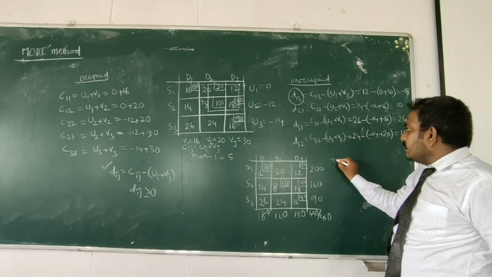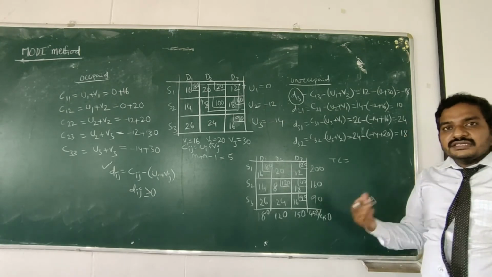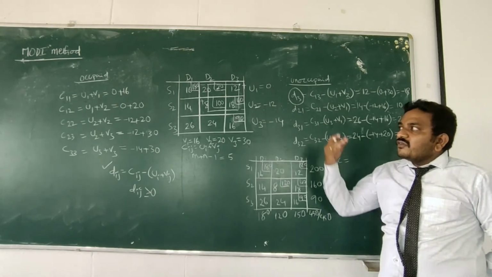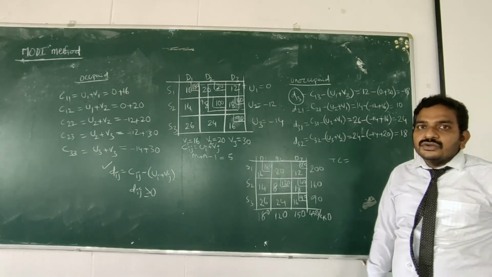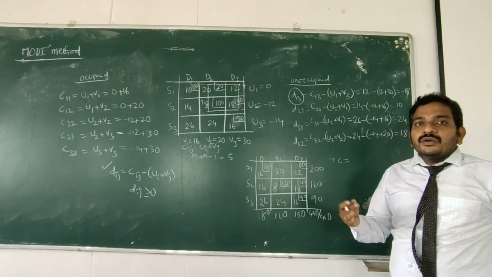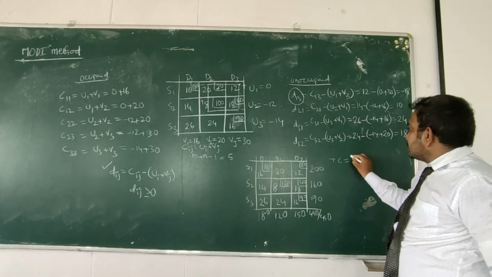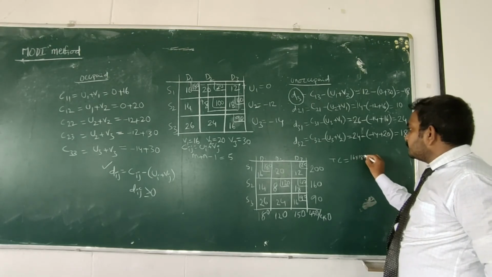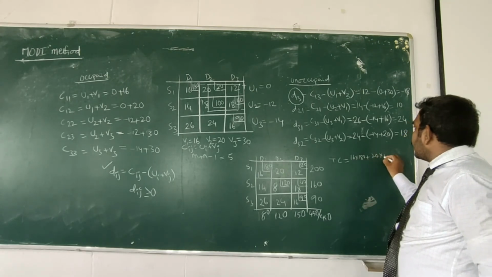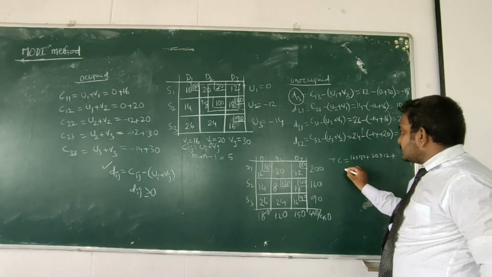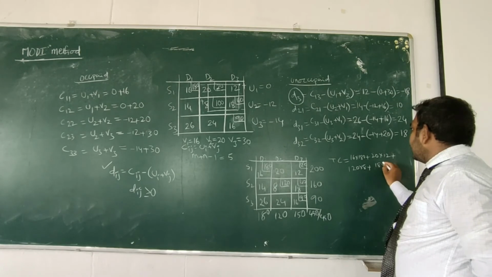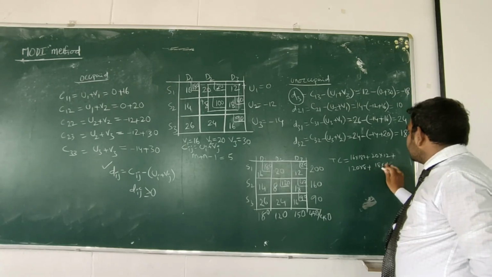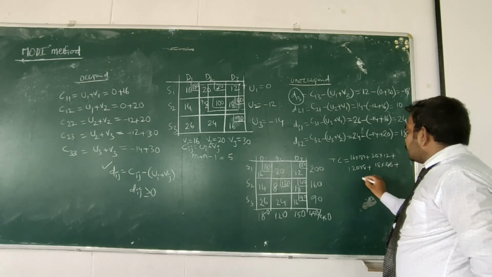Now calculate the total transportation cost. We see the differences between what we found in the initial basic feasible solution and what we found in the optimal solution, and what the change would be. Here, 16 into 180 plus 20 into 12 plus 120 into 8 plus 18 into 40 plus 16 into 90.